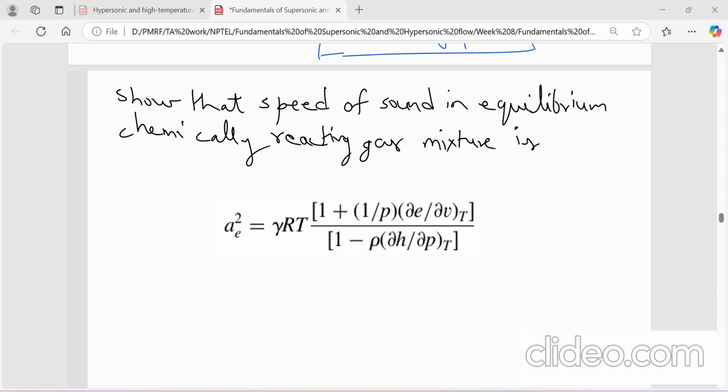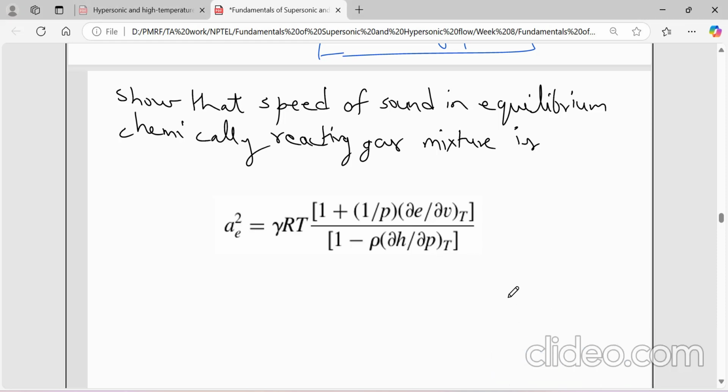Now we'll see one more problem. The speed of sound in an equilibrium chemically reacting gas mixture is given by aE squared equals gamma RT times 1 plus (1 by P dou E by dou V at constant temperature) upon 1 minus rho dou H by dou P at constant temperature.